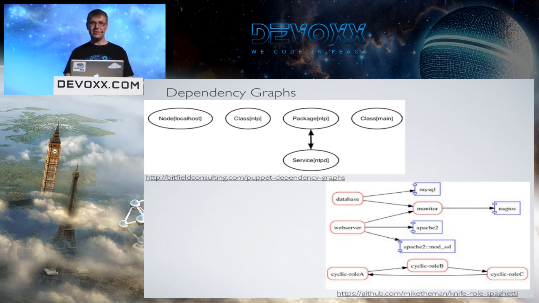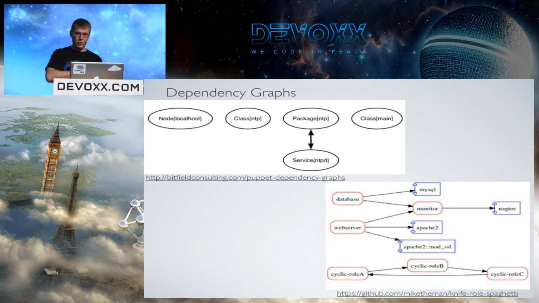Once you have your code, I expressed the dependencies between one first, then the other, and so on. After a while, when it becomes complex, it's hard to debug that. So people started visualizing the dependency graphs between the different modules. You have a tool for Chef and Puppet, different, but you can say, okay, my module is a database and a web server, and the web server depends on Apache 2 and the module Apache 2 mod SSL.